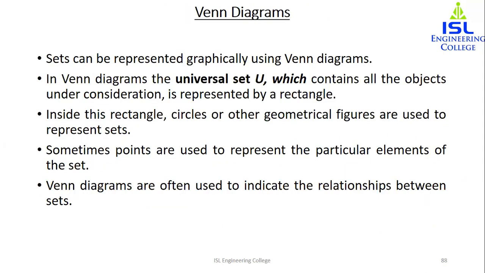Now, Venn diagrams. Whenever we are speaking about sets, to represent them graphically, we have something known as Venn diagrams. In Venn diagrams, we have the universal set U, which contains all the objects under consideration, and it is represented by a rectangle.